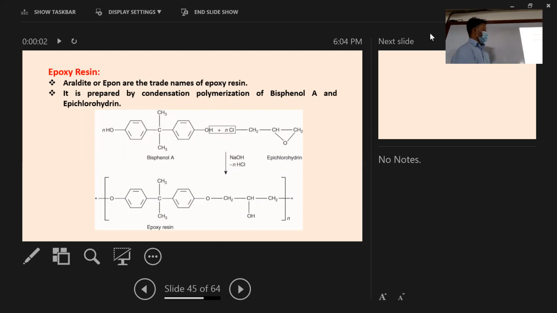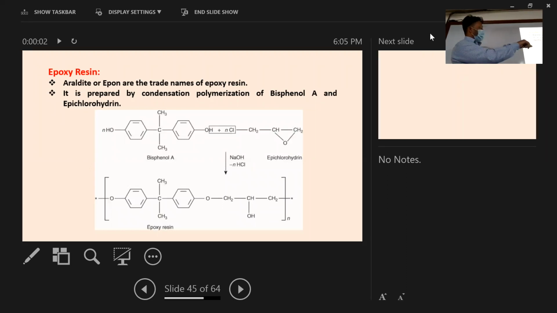This is very simple. Just two benzene rings, and this is one carbon with two methyl groups, and hydroxyl. Just two OH we have. That means this is phenol. Just consider phenol. This is another phenol, and this carbon and these two methyl.